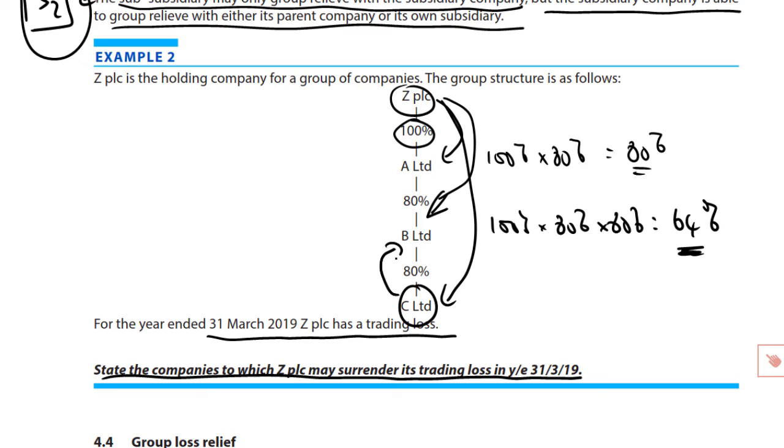C Limited can group relieve with B Limited there. B Limited is in a group both with its parent and ultimate principal parent company, A Limited and Z plc, and it can also group relieve with C. But so far as the question is concerned, who can Z plc surrender its loss to? Can go to A, can go to B, cannot go to C.